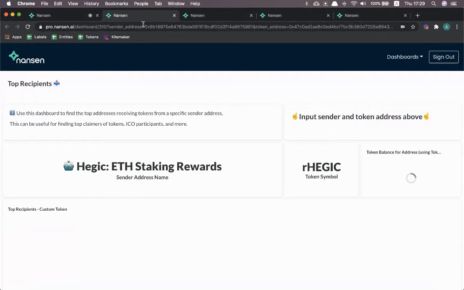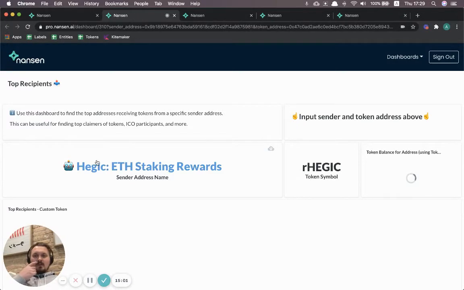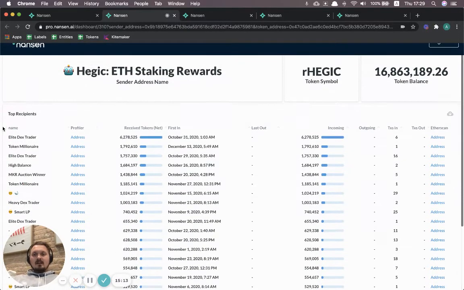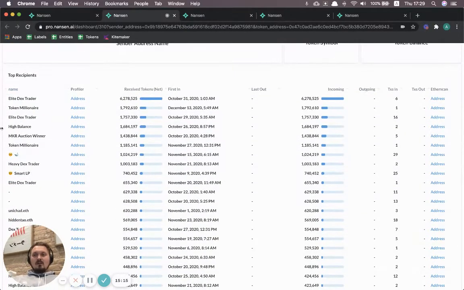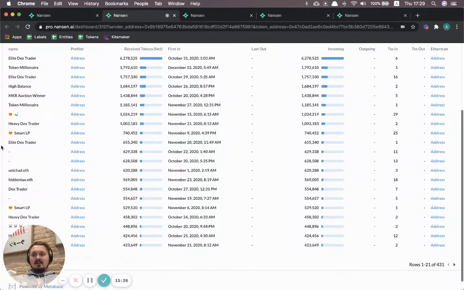All right, so this pops up. We've got the same contract here. We've got token symbol rHEGIC, and we can see there's almost 17 million rHEGIC tokens in that contract. And here we go. So these are the top recipients of rHEGIC tokens. Again, we see a couple of smart money addresses here. That's what these emojis with glasses indicate.